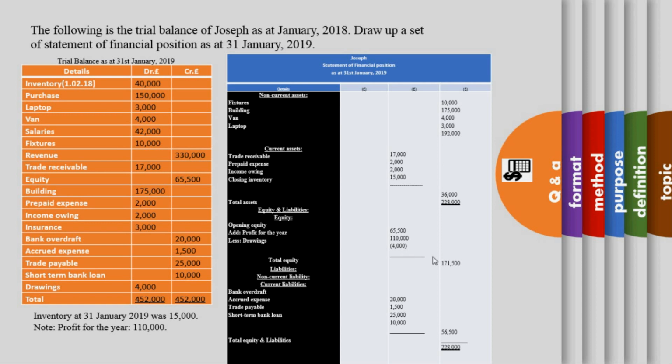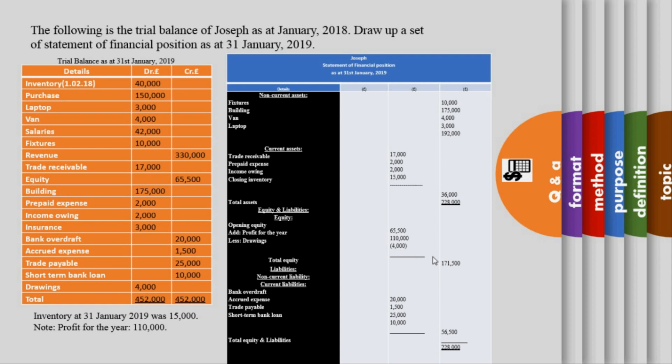After that, the current asset amount is given. How many items are in the current assets? Let's see. The trade receivable, the prepaid expense, the income owing, and the closing inventory. So these four items are included in the current assets. Now, the total amount of the current asset is 36,000. What do we need to do in order to get the total asset? Yes, we need to add the non-current asset and the current asset together. So the total asset amount is 2,28,000.